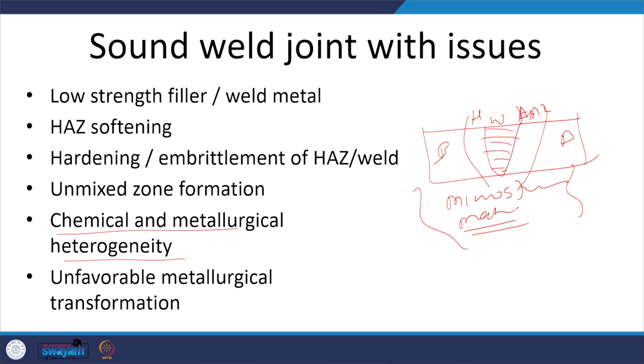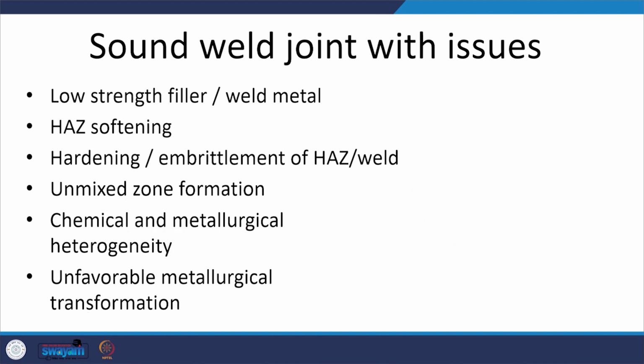But a weld joint usually has chemical and metallurgical heterogeneity, which in turn leads to the reduced corrosion performance and non-uniformity in terms of the mechanical properties. Many times unfavorable metallurgical transformation also leads to the huge degradation in the joint properties.